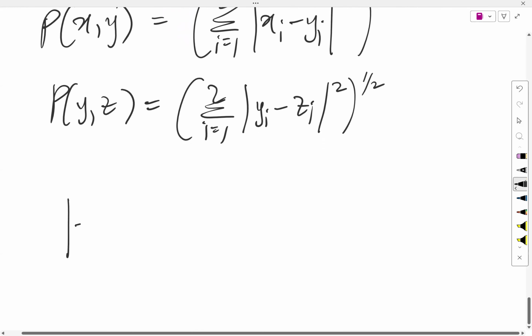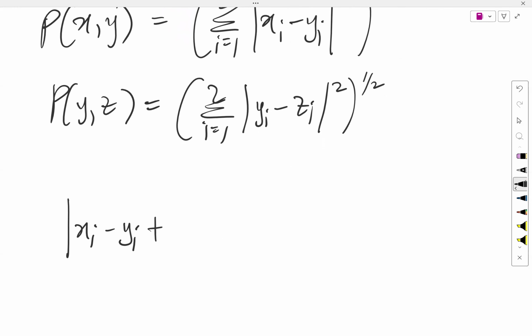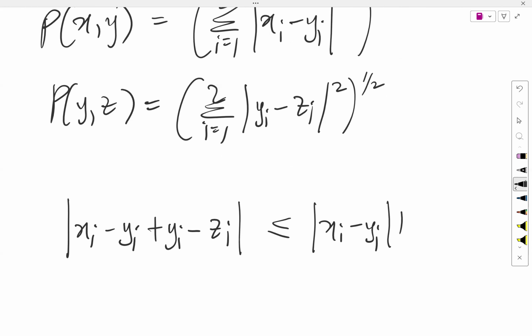We have absolute value of xi minus yi plus yi minus zi, and we can say this is less than or equal to absolute value of xi minus yi plus absolute value of yi minus zi. So it's basically some inequality relating to these kinds of expressions.